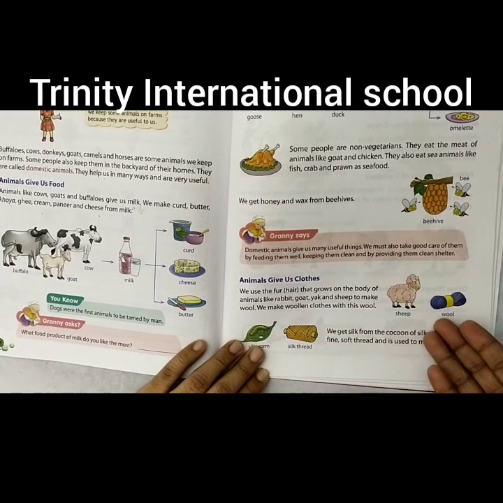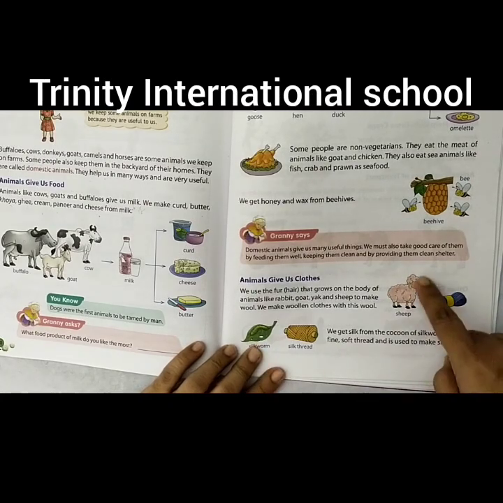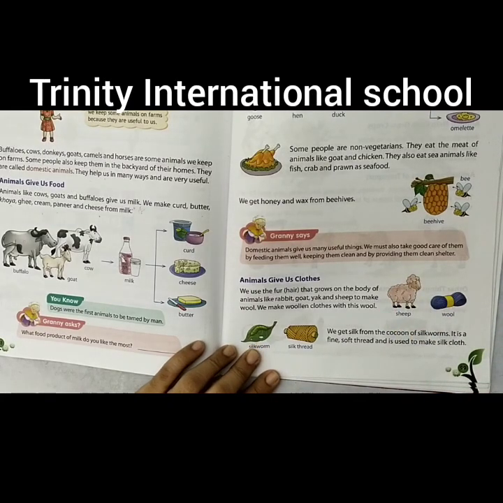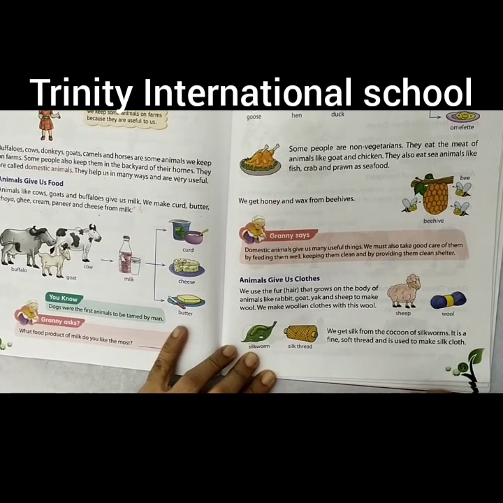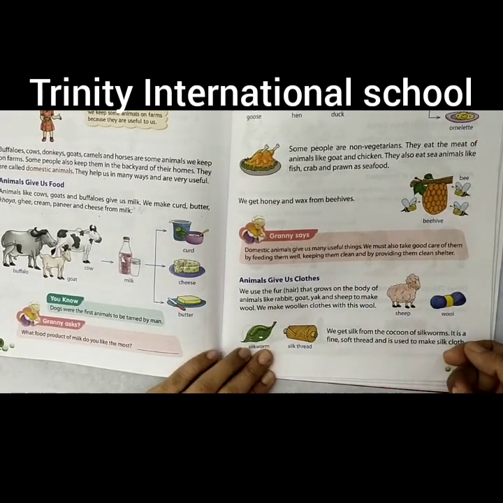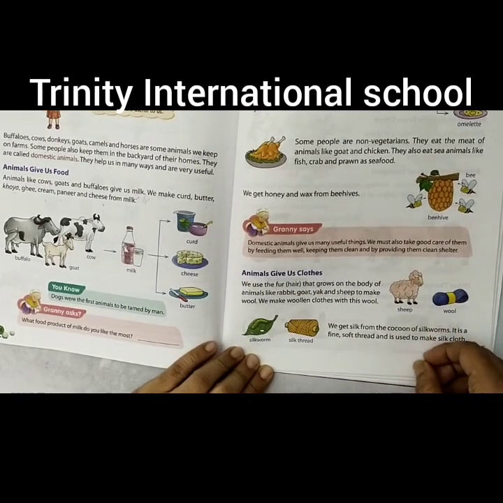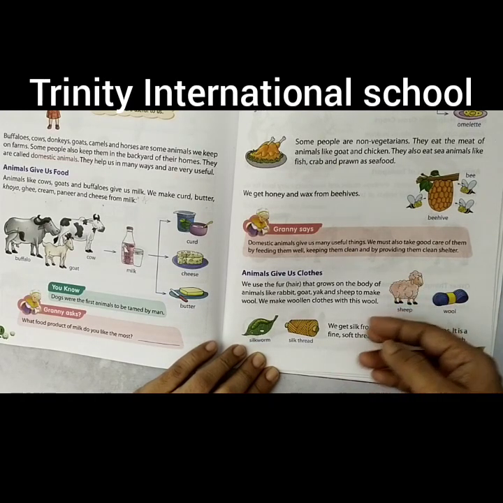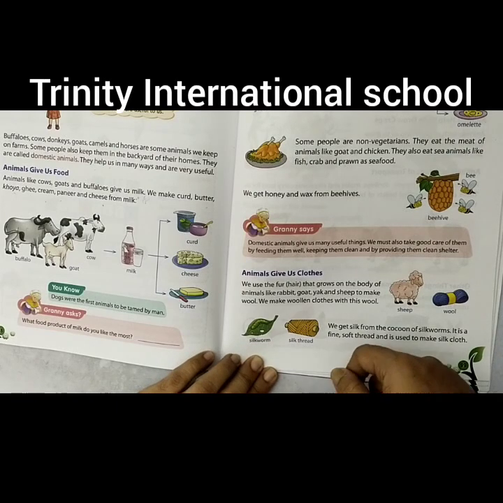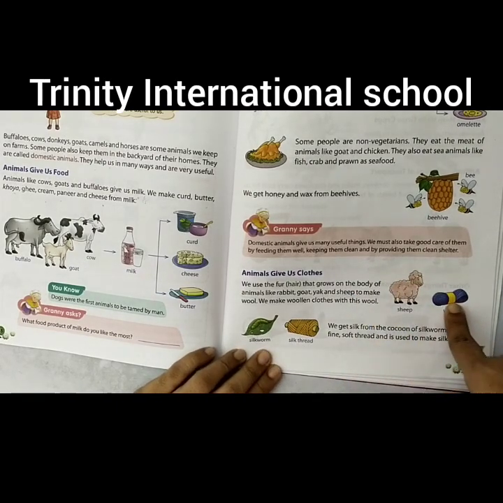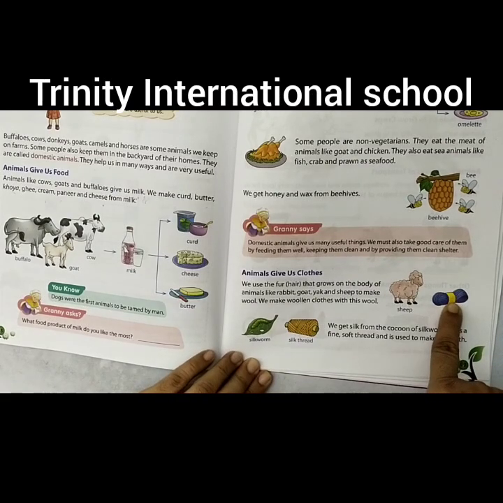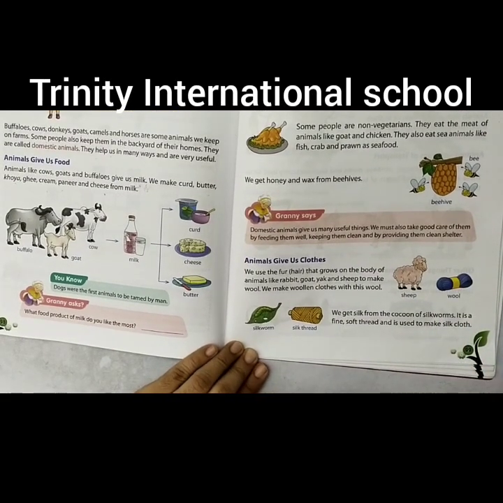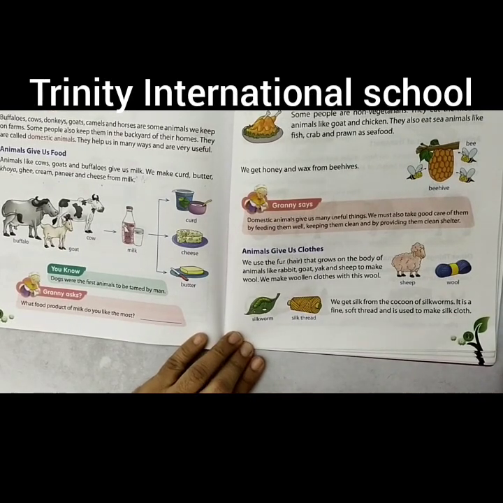Okay, so how you are getting this wool is the fur of the sheep that grows on the body of the animals is cut and it is made into wool. ओके, सो ये जो आप शिप देख पा रहे हो इसके जो बॉडी हेयर्स है इसे क्या करते हैं? इसे शेव करते हैं और ये बॉडी हेयर्स को शेव करने के बाद उसको प्रोसेसिंग करते हैं और उसके बाद उसको हम वुल फाइबर्स में कन्वर्ट करते हैं. ओके, सो वी मेक वुलन क्लोथ्स विद दिस वुल.